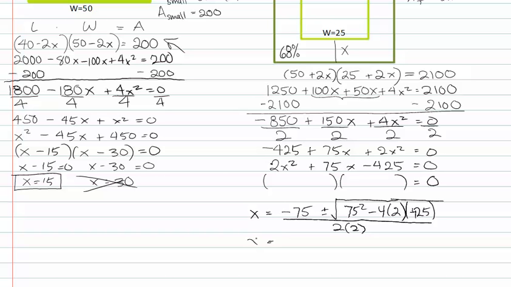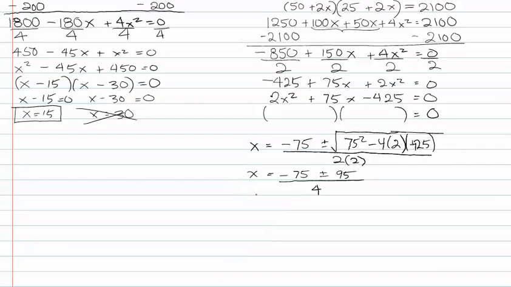This gives me x equal to negative 75 plus or minus 95 over 4. So x will equal negative 75 plus 95 over 4, or negative 75 minus 95 over 4.